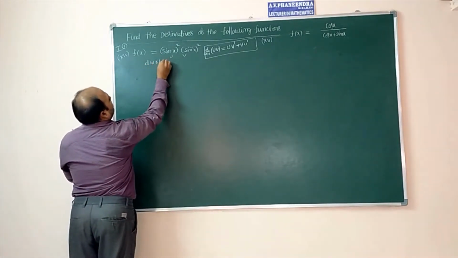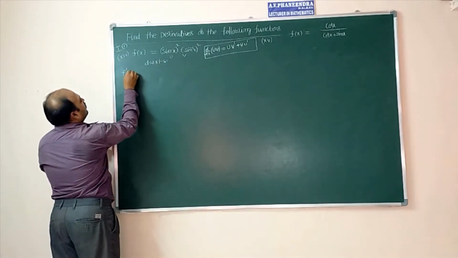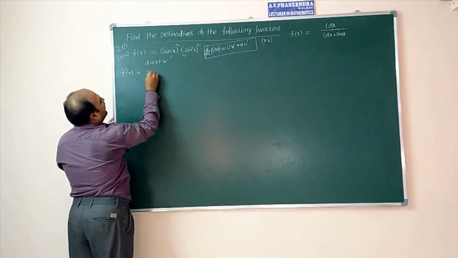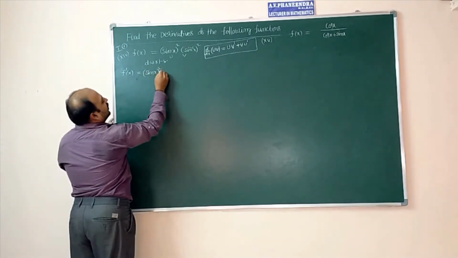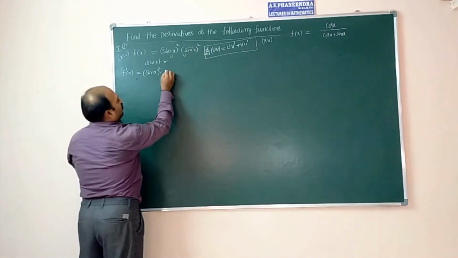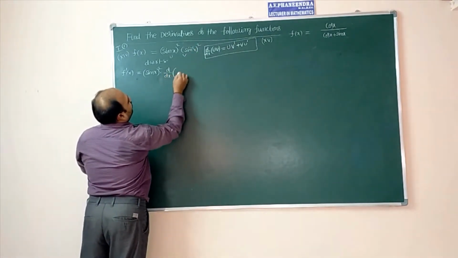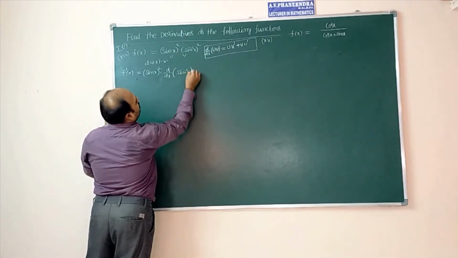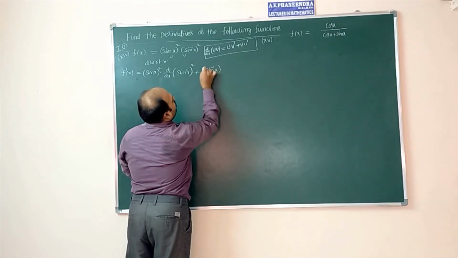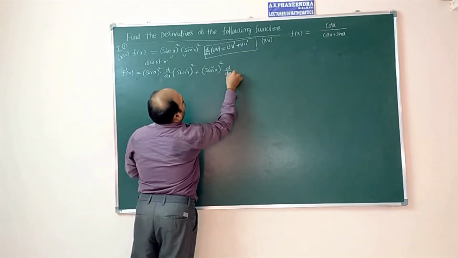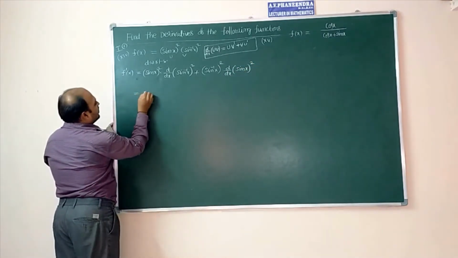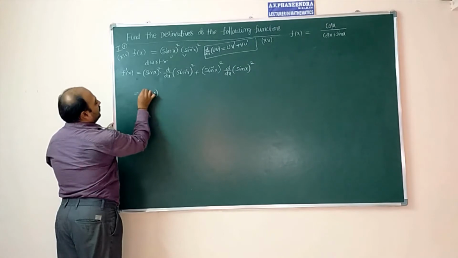Differentiate with respect to x. f dash of x equal to, according to this formula, u, that is (sin x) whole square, into d/dx of (sin inverse x) whole square. First you have to write d/dx of (sin inverse x) whole square, plus v, (sin inverse x) whole square, into d/dx of (sin x) whole square, which is equal to (sin x) whole square.